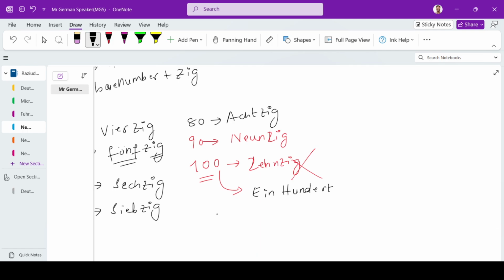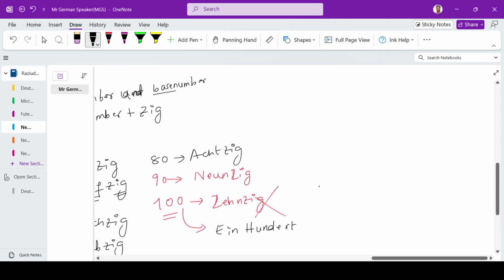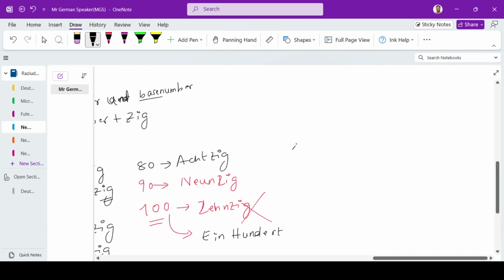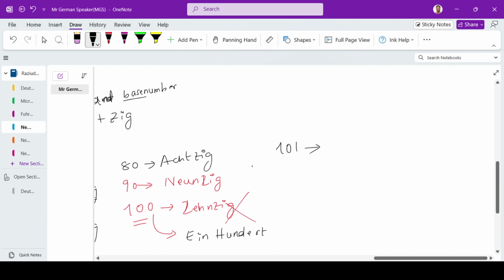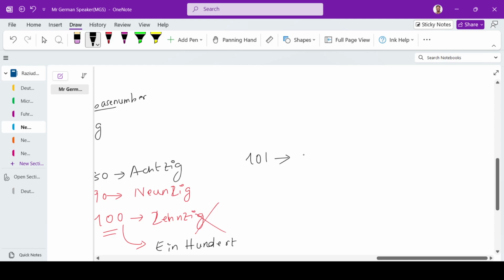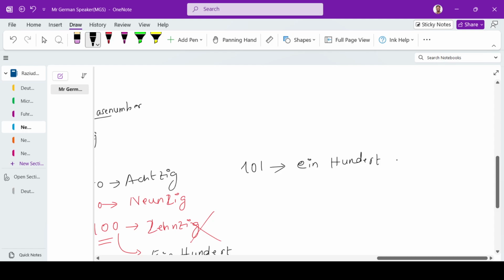So 100 is hundert. Okay, similarly, if I want to write 101, I just follow the same formula, where 100 is the base number and 1 is the number. So 101 is einhunderteins.